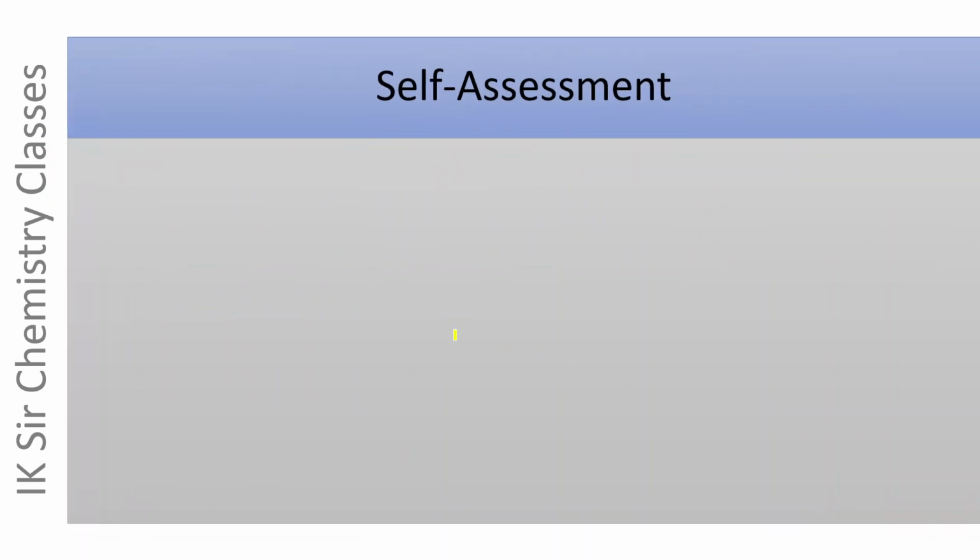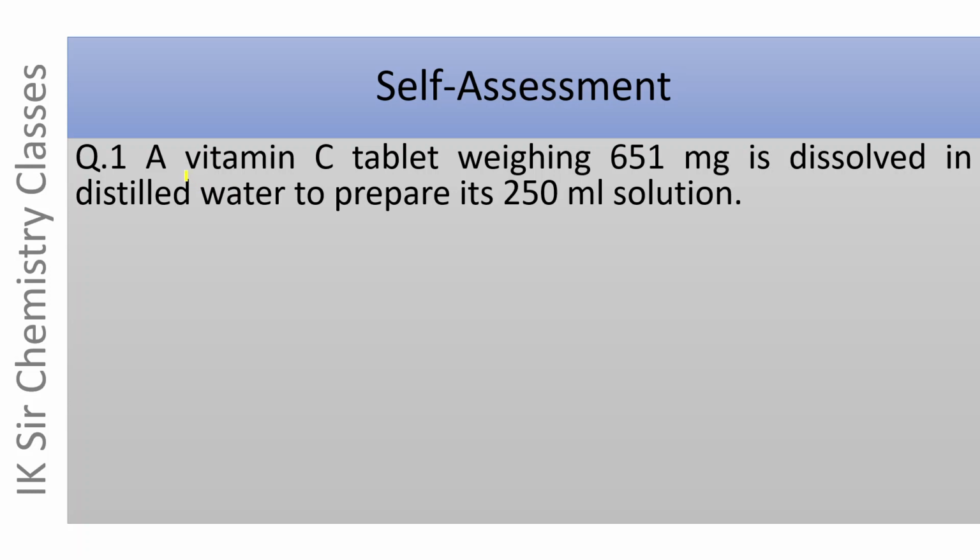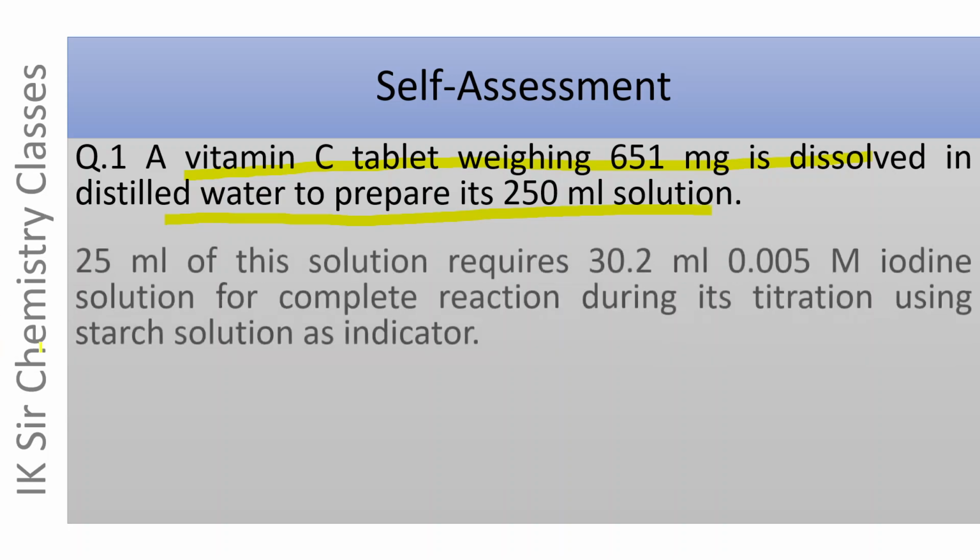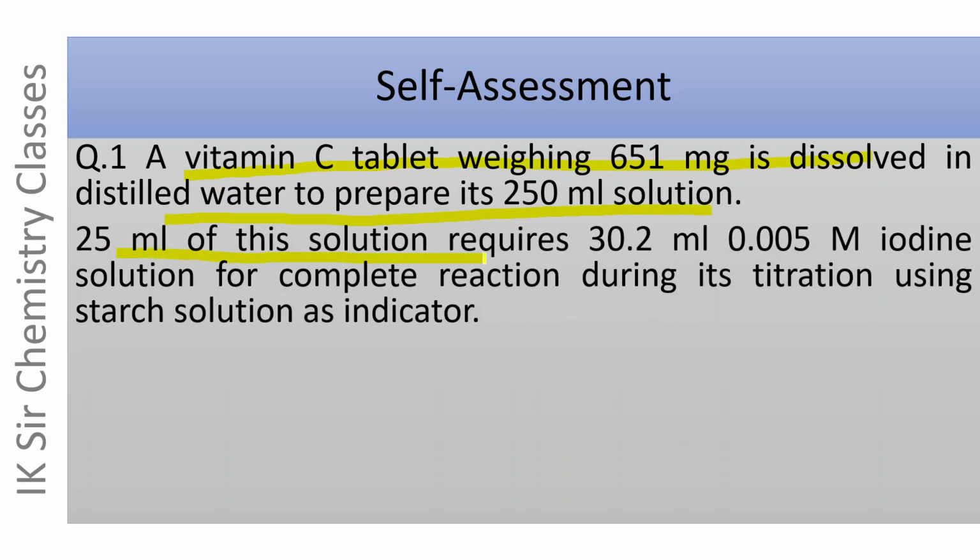Now the time for self-assessment. A vitamin C tablet weighing 651 milligram is dissolved in distilled water to prepare its 250 ml solution. 25 ml of this solution requires 30.2 ml of 0.005 molar iodine solution for complete reaction during its titration, using a starch solution as indicator.